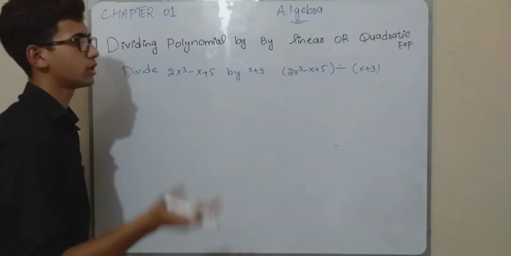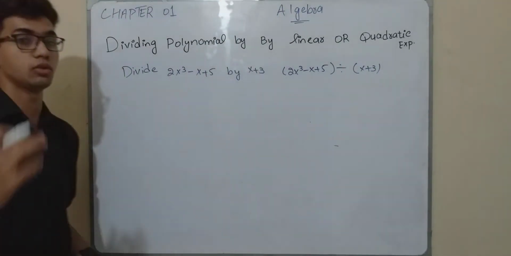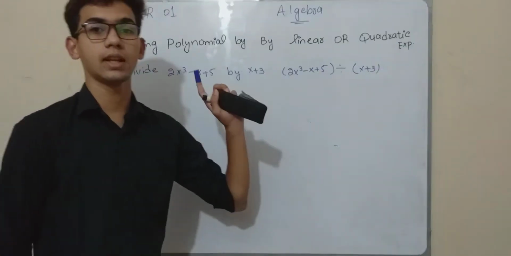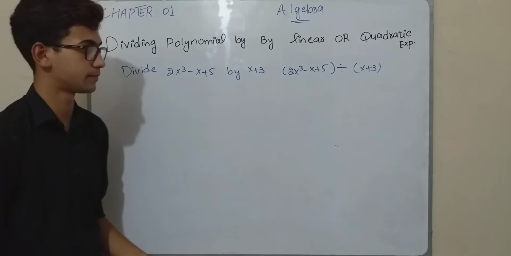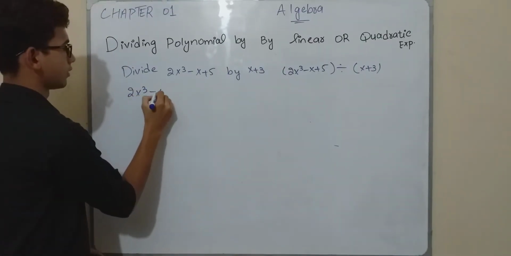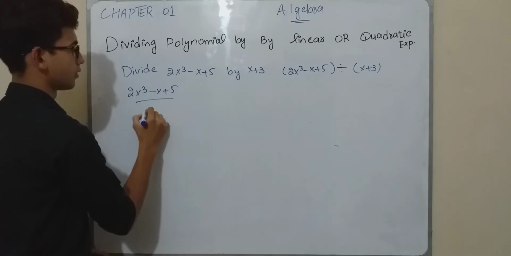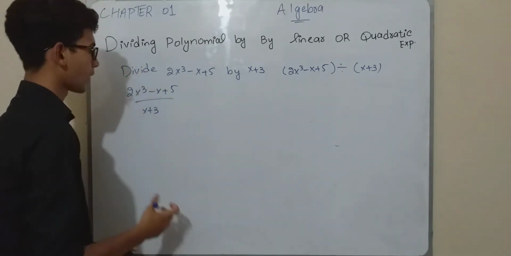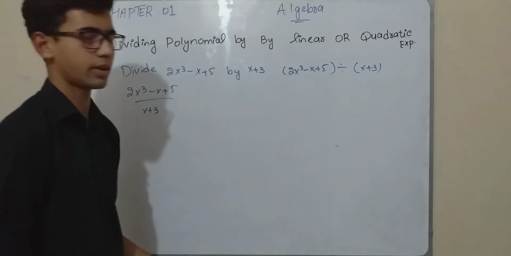As I told you, the number at the left side is the numerator and the number at the right is the denominator. Hence, it is an improper fraction. So you can write it as this for better understanding. So now you're just simply going to divide this.